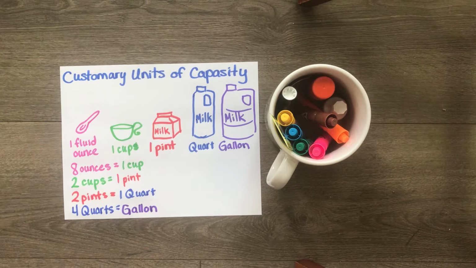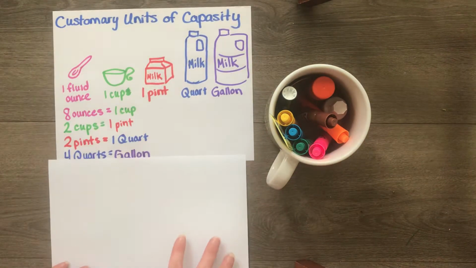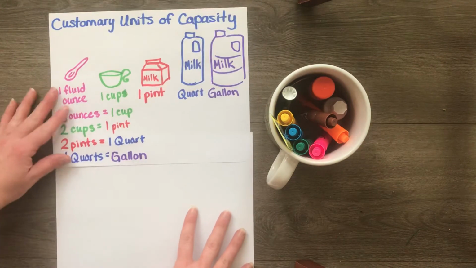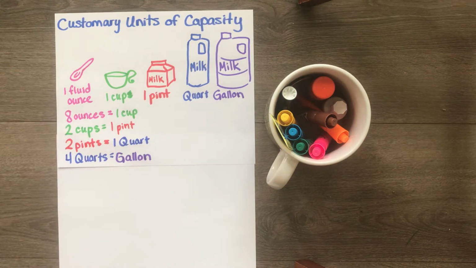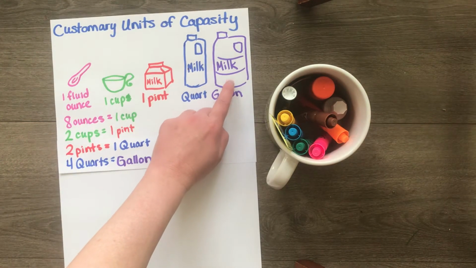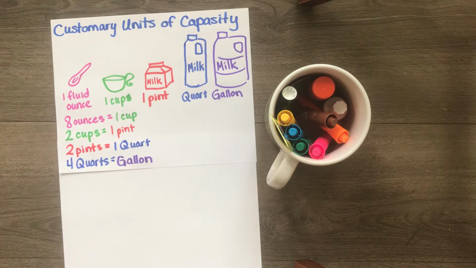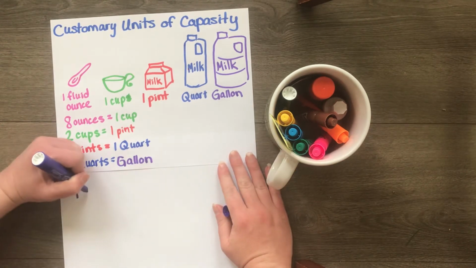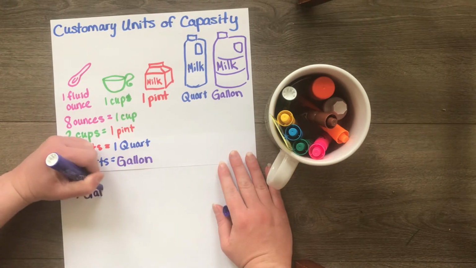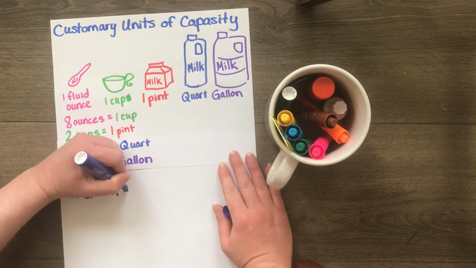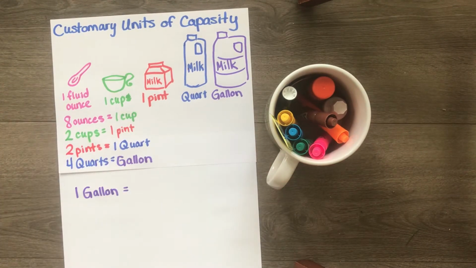So this is how we can convert back and forth. I want to give you some examples of how and why we might need to go back and forth between things. Let's pretend I wanted to make a gallon of punch.